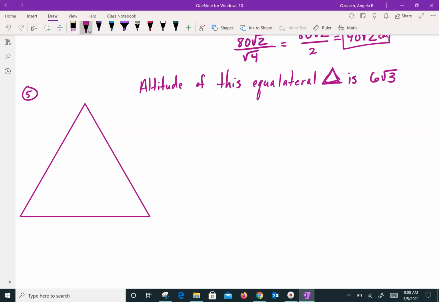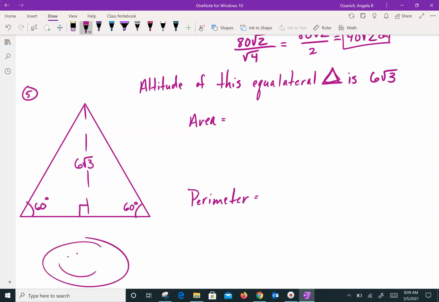Okay, if you know this is 6 root 3, this is where everybody should say, hey, stop the video. I have enough information now in my equilateral triangle to figure out the area and the perimeter. Do it. Stop the video, try it yourself. Come back to me when you're done.